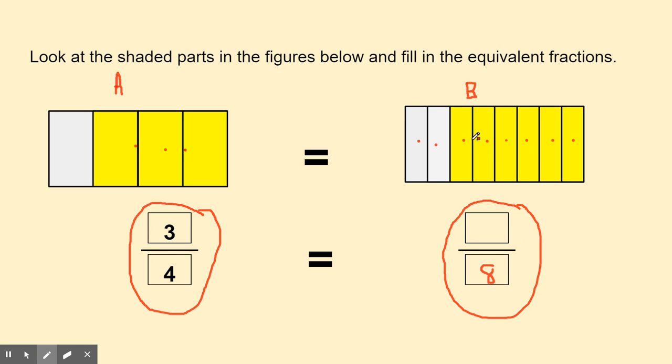And then how many of the equal parts are shaded yellow? 1, 2, 3, 4, 5, 6 of the 8 equal parts are shaded yellow. So 6 would be our numerator. Now that we have that filled out, we know that 3/4 is equal to or equivalent to 6/8.